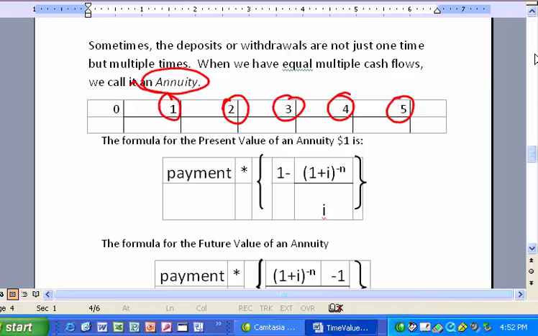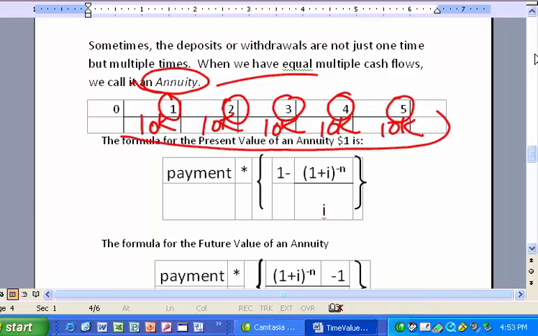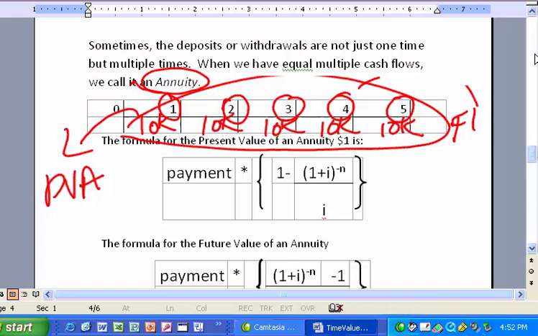So if you were going to put in $10,000 a year, 10,000, 10,000, 10,000, then what we could look at is the present value of that annuity, or the future value of that annuity.